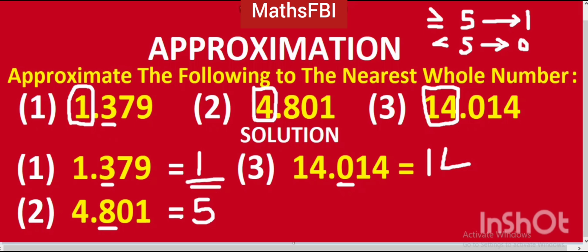The same rule applied to question number 2. The number next to the whole number is greater than 5. So we round this 8 up to 1 and add it to 4. And so we got 5 as our answer.